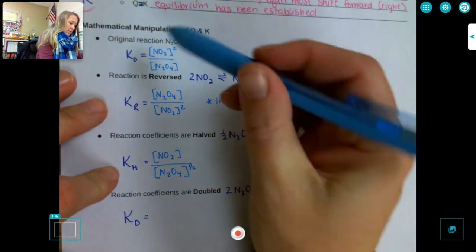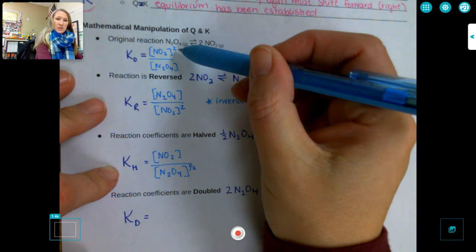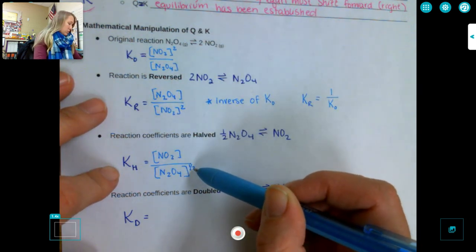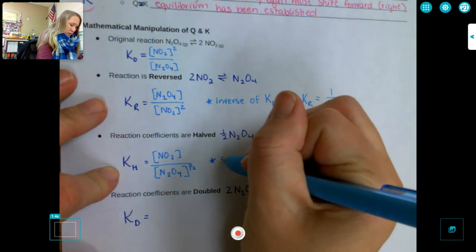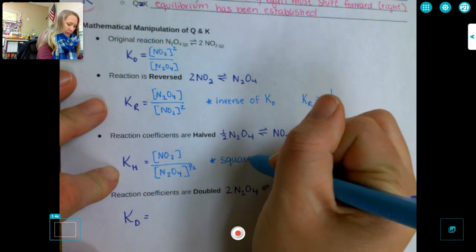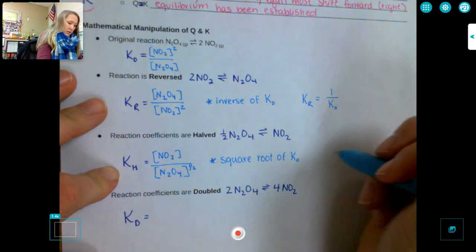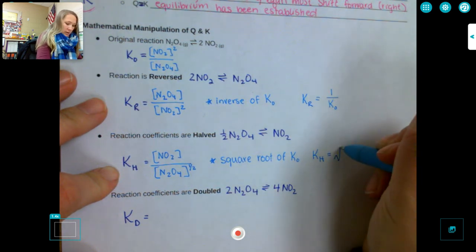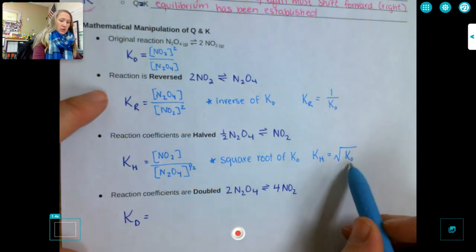Okay, well, that's similar to what I had to start, but I've essentially dropped my square and I've gone from 1 to 1/2, which is like taking the square root. So my relationship is that this is the square root of my original. So if I know the value, instead of plugging it all in, I can just say, well, I know this is the square root.